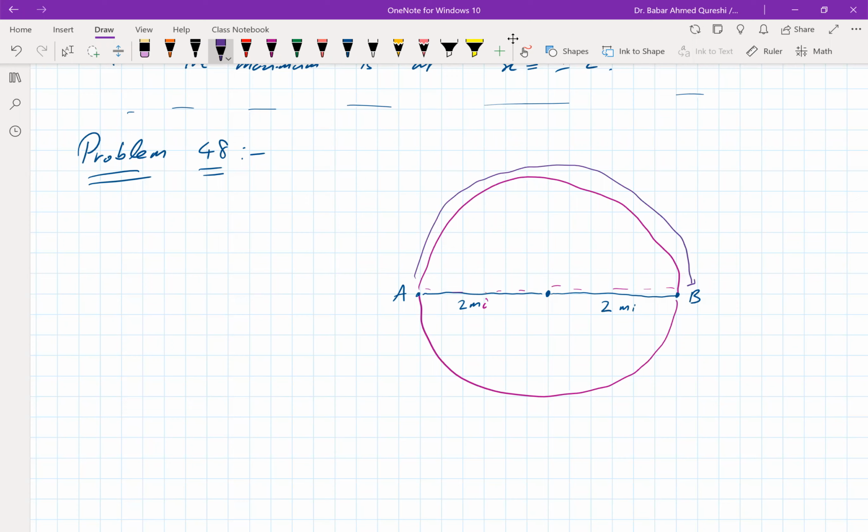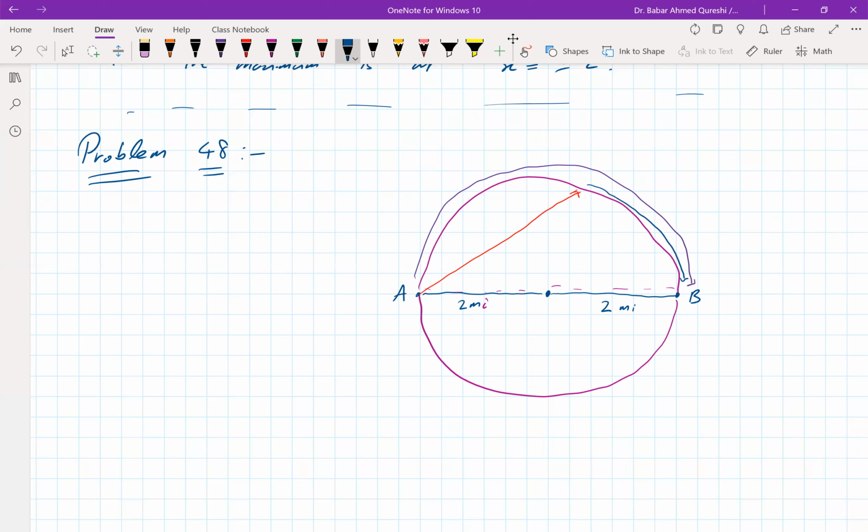But suppose your objective is to get to the other side fastest, then which one will it be? Well, it's quite possible that you are not able to row very fast, and walking is still shorter and takes less time. But depending on how fast you can row, maybe you want to take this path so that you row for some time, not for the whole 4 miles, and then you walk, because you walk faster.